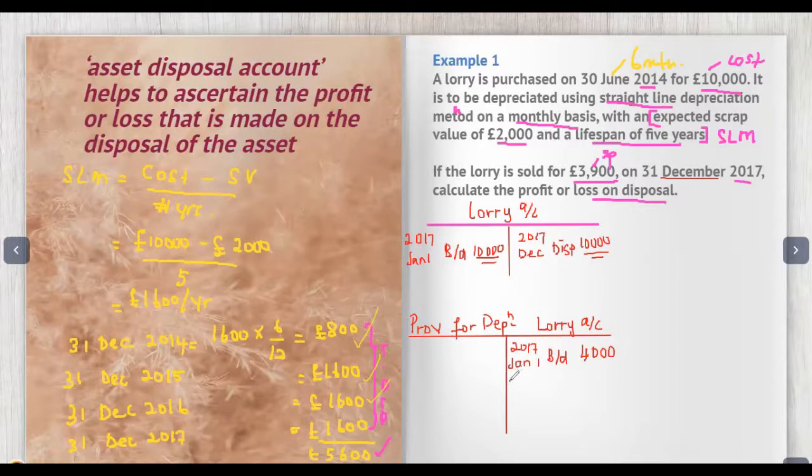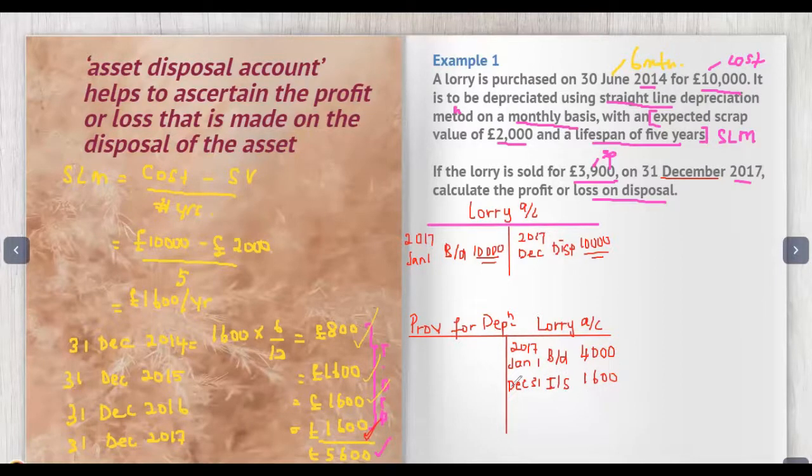So what's happening on 31st December? You sold it, but before that there was a depreciation you have to account for that year, which will be transferred to the income statement. To understand why this is so, please refer to the provision for depreciation video.